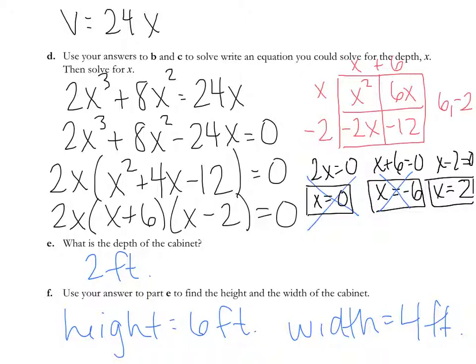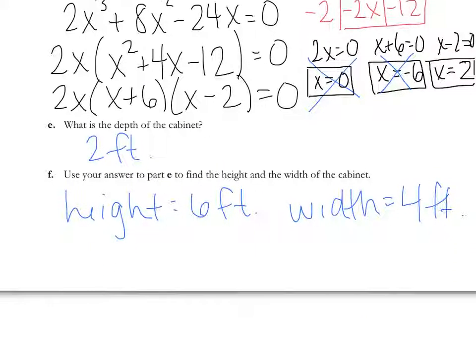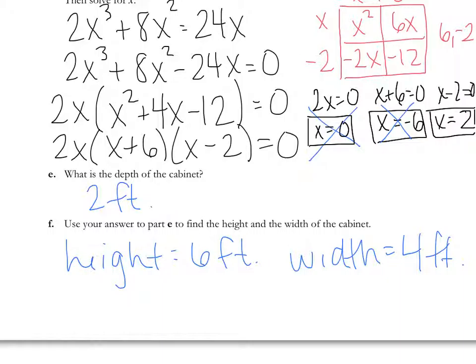We solved that equation by factoring and using the zero product property. Then we eliminated the x values that didn't make sense in the context of the problem. Once we did that, we were able to figure out exactly what the depth was equal to, and then we were able to go back and solve for the other dimensions of the cabinet.